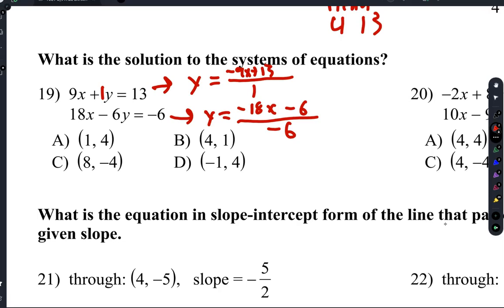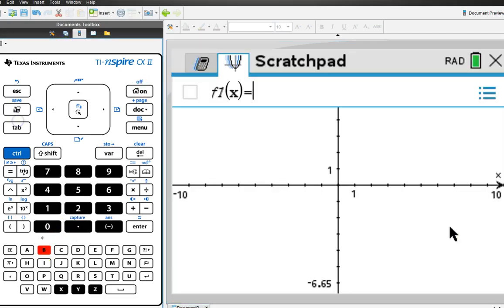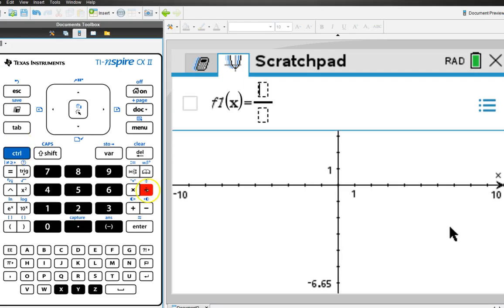Okay, so I'm going to go to the calculator. I'm going to hit home. I'm going to click B for graph. And then I need to graph, control divide, and then I'm going to have -9x plus 13.